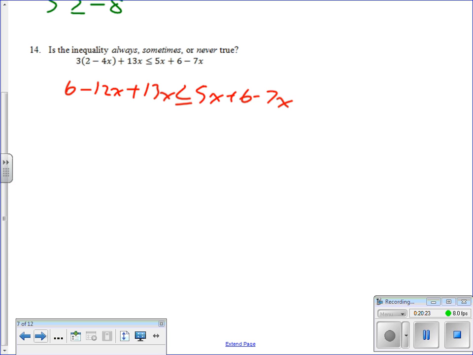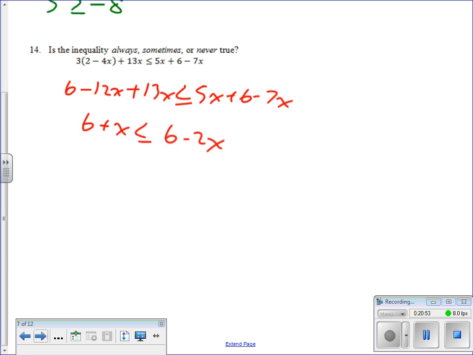Combine like terms. 6 plus x is less than or equal to 6 minus 2x. And I know whether it's always, sometimes, or never already. Are the variables the same on both sides? I have x and negative 2x. They're not the same. This is a sometimes.